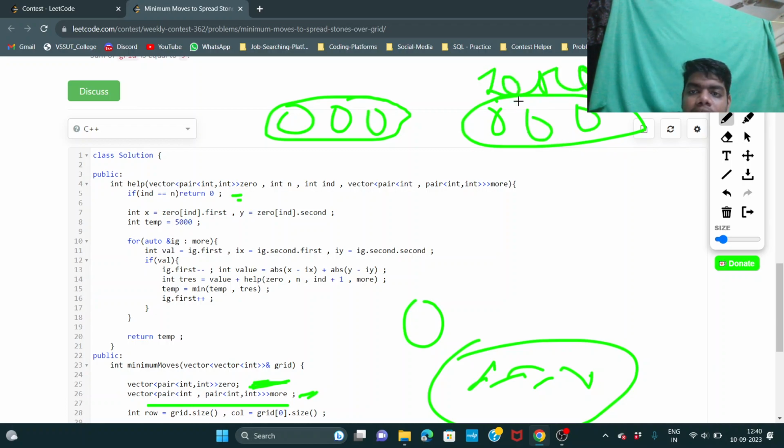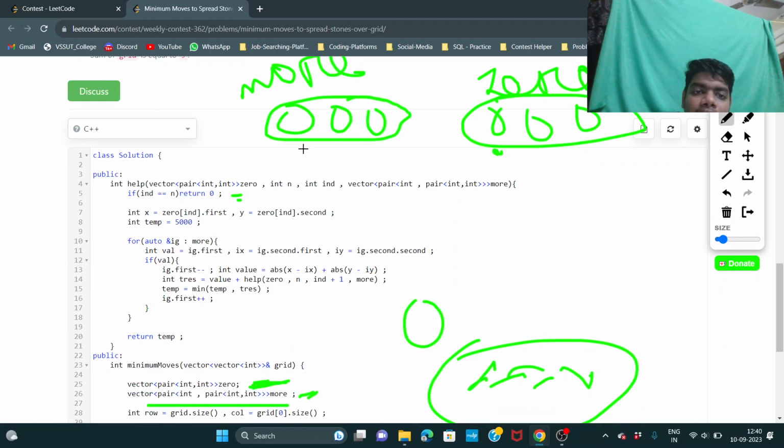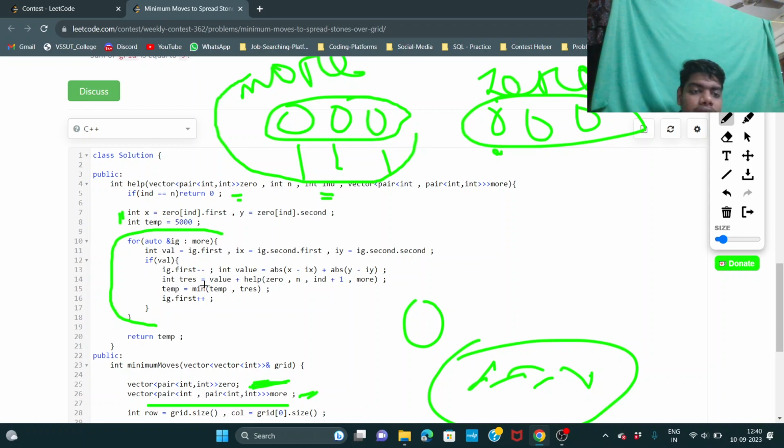This is 0, this is more. For this 0, I can take an element from these three places. So for this 0, which is indicated by ind, I take out the values zeros at ind, the position, and then I do this for every possible cell from this more.